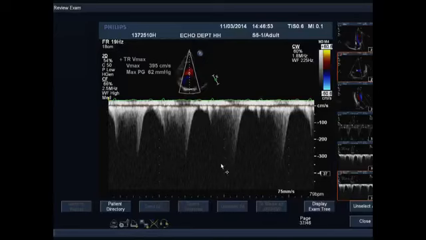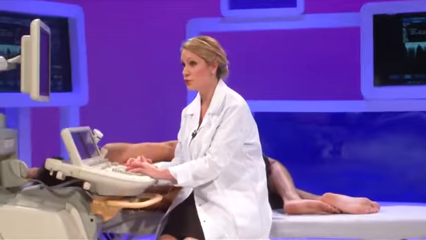And we will be able to detect the waveform of tricuspid regurgitation, and its peak is the maximum velocity of tricuspid regurgitation. In patients who do not have pulmonary stenosis and do not have massive tricuspid regurgitation, the Bernoulli equation will be applied in order to get the right ventricular systolic pressure.